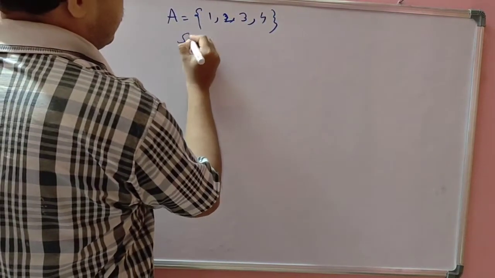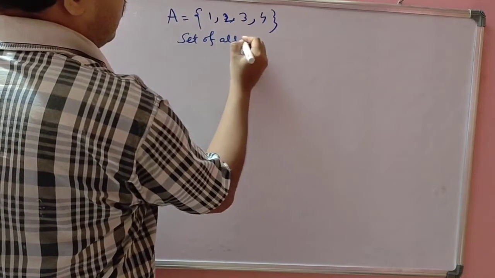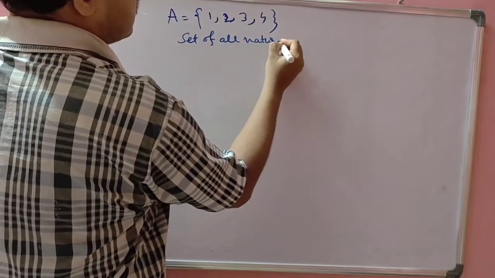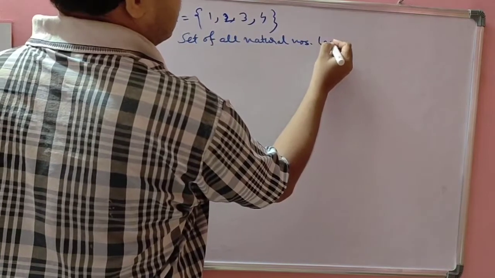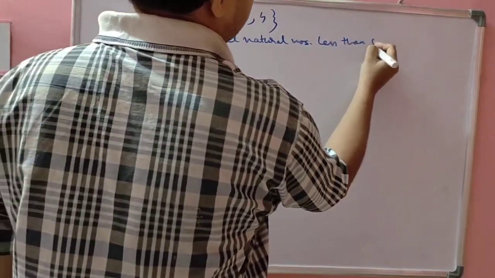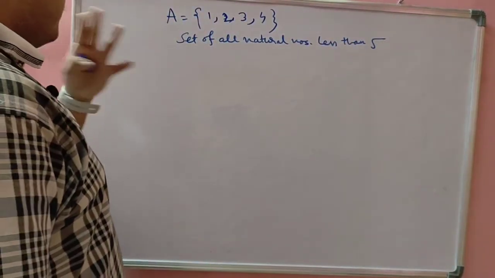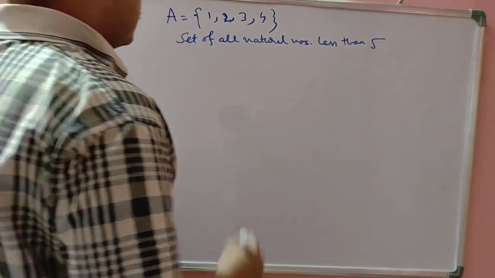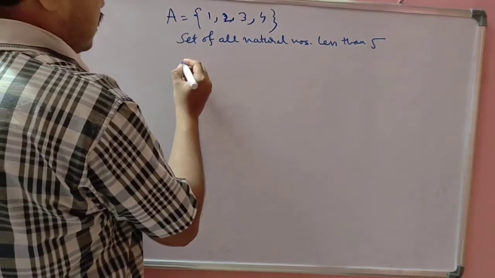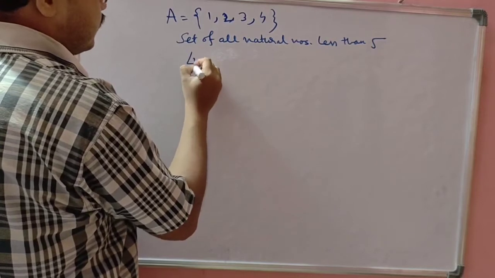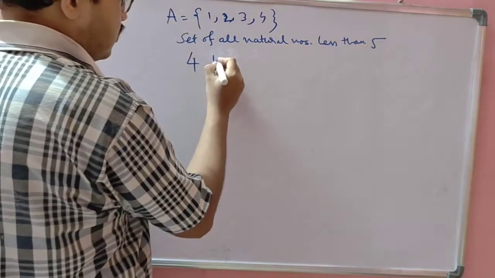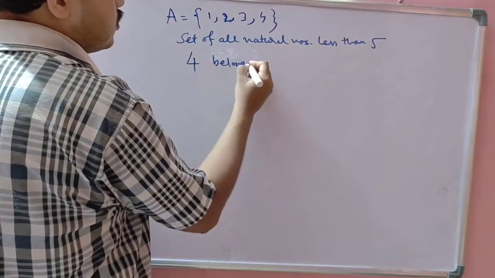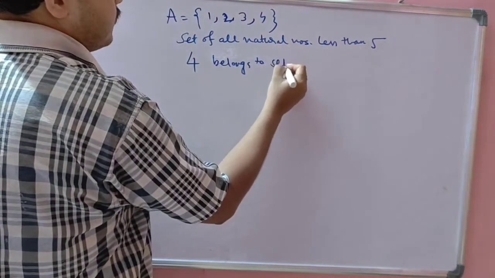These are the set of all natural numbers less than 5. From here we can say that the element 4 belongs to set A.